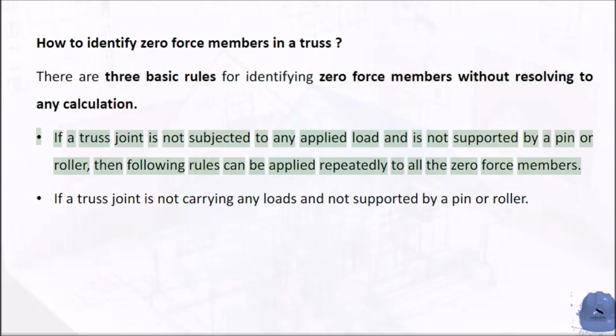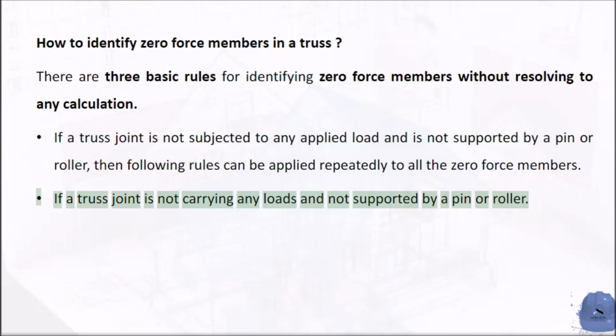If a truss joint is not subjected to any applied load and is not supported by a pin or roller, then the following rules can be applied repeatedly to find all the zero-force members.